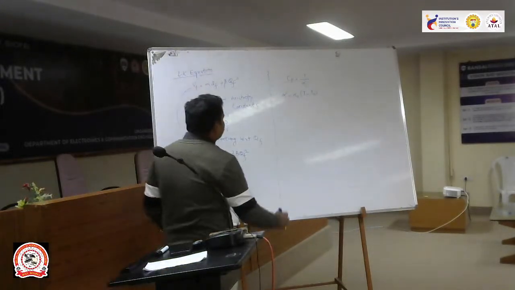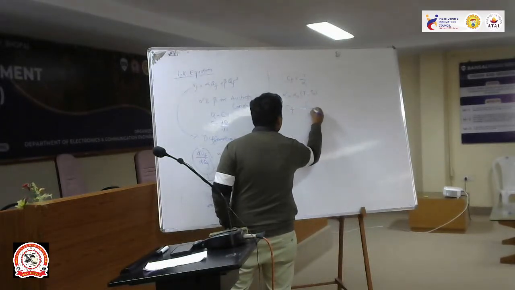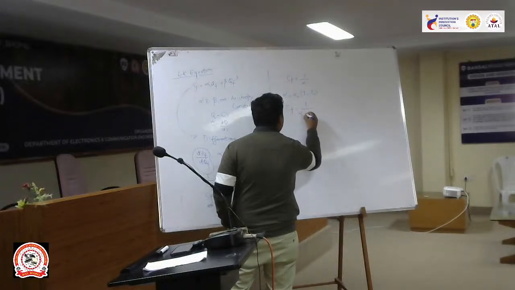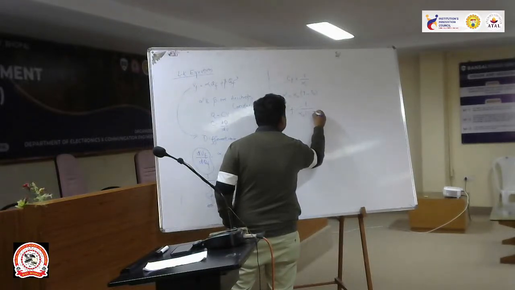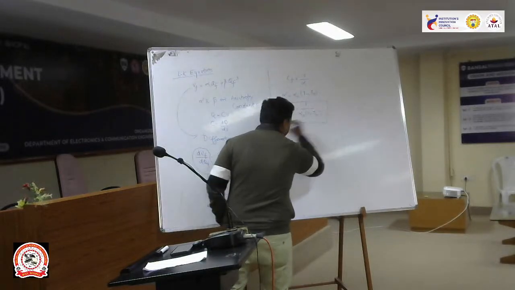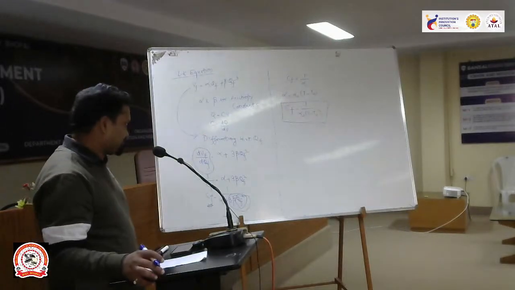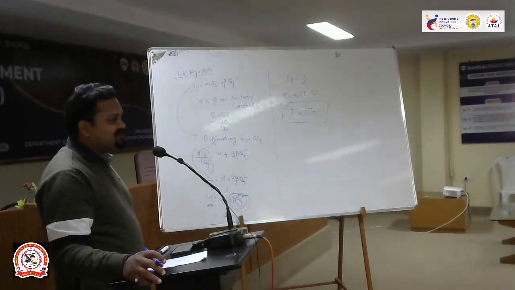So this I can write CF equals 1 upon alpha naught (T minus T naught). So this is the expression for ferroelectric capacitance, and it is a function of temperature. So what happens?